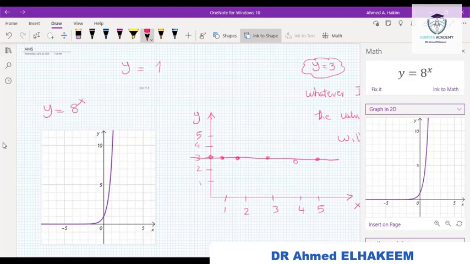I will also write here: y now becomes 11 plus 8 power x minus 6, and I will ask the computer to draw it.